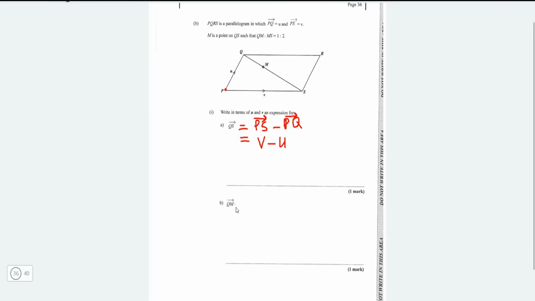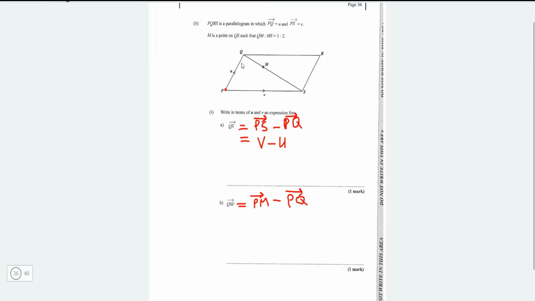Now, I need vector QM. Vector QM would be PM minus PQ. That's what I'd get, PM minus PQ. Now, how do I go from P to M? That's where the issue starts.